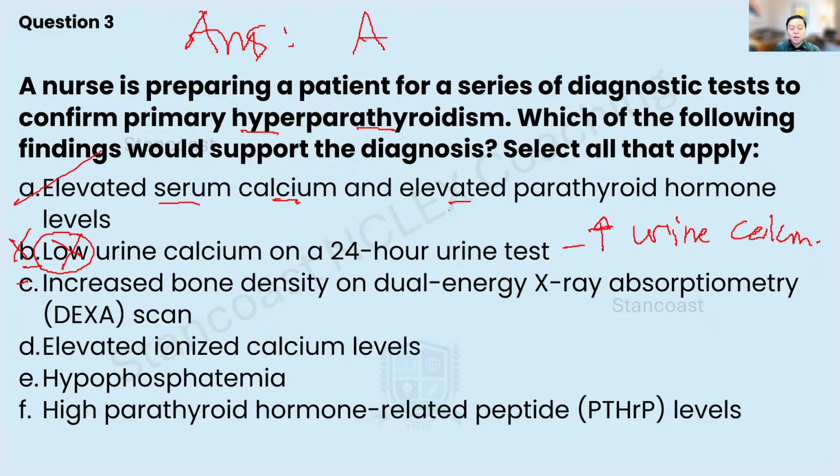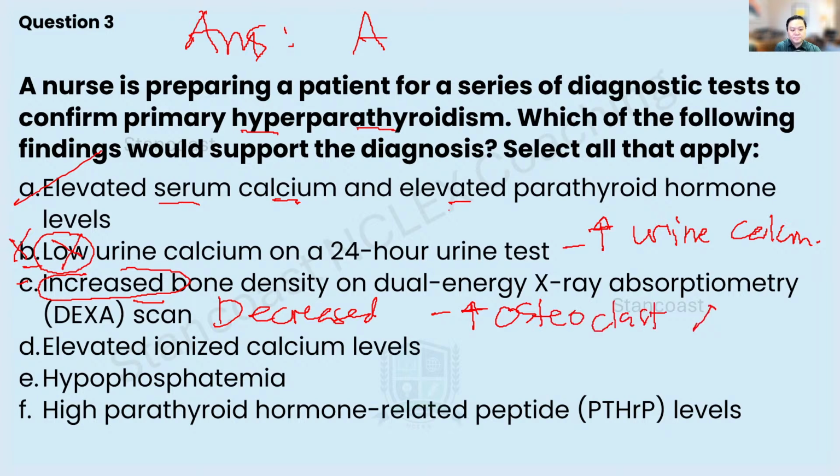So it's not going to be increased bone density. It will be decreased, okay? It's because of the increased osteoclast activity. So C is incorrect.